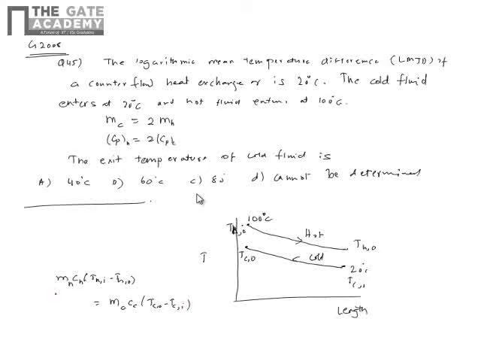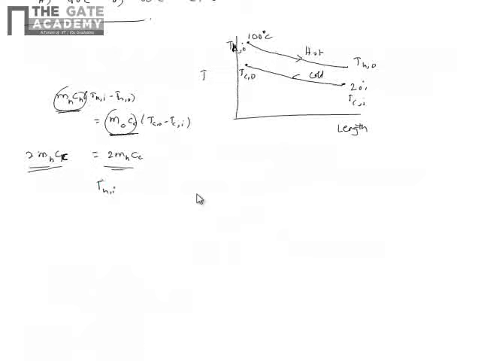The mass of the cold is twice the hot, but the specific heat of the hot is twice the cold, so these two factors become equal. Finally, we get THI minus THO equals TCO minus TCI.